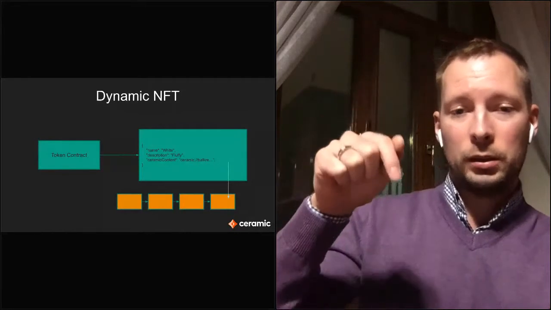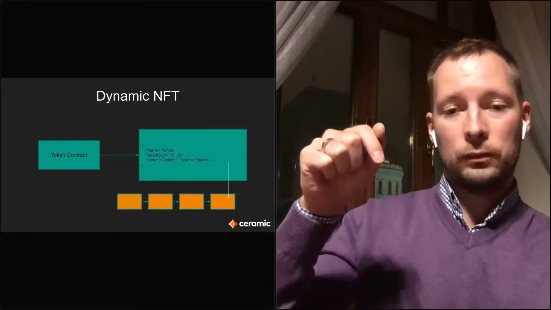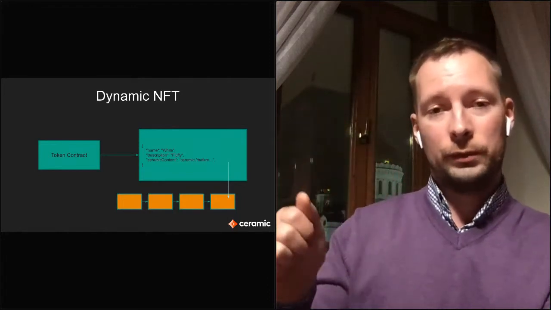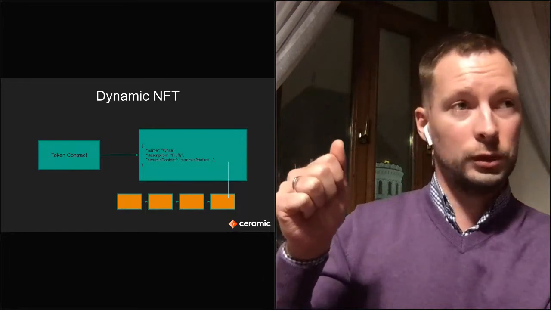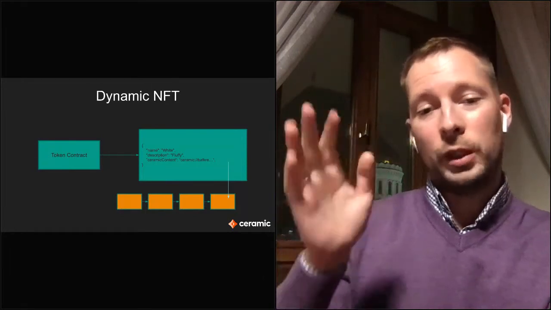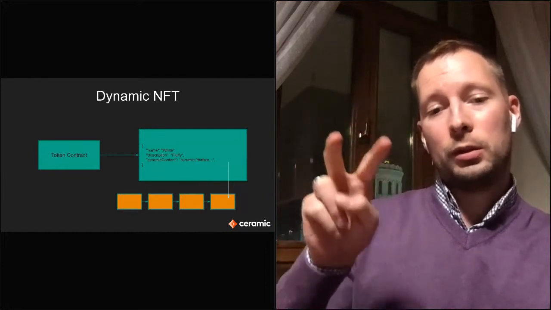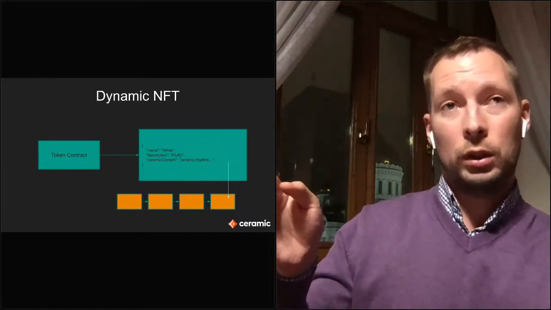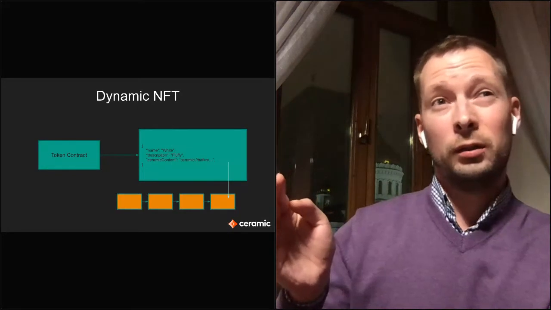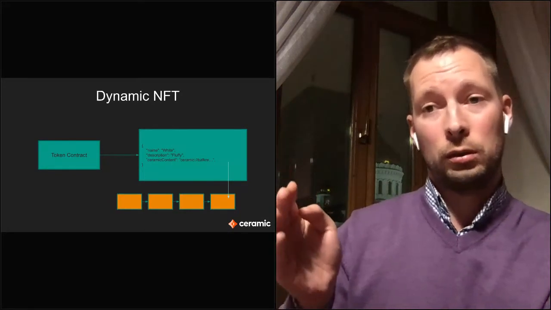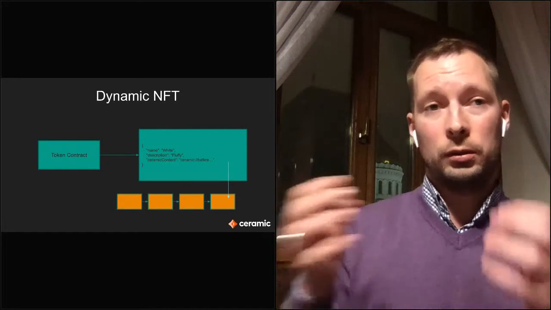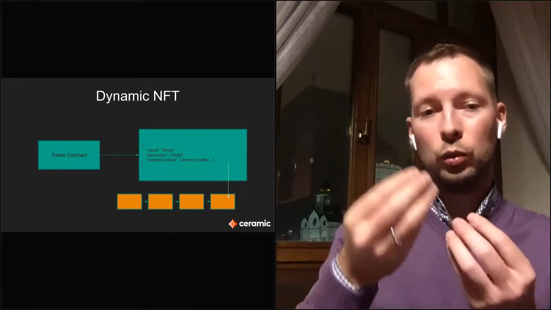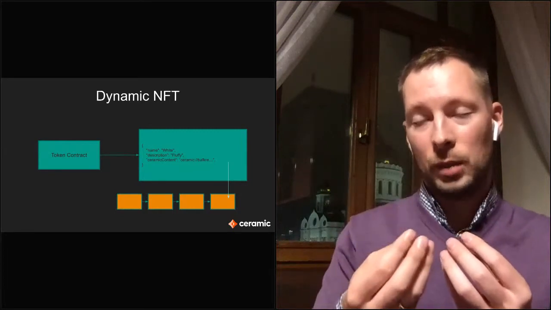So this metadata file is fully compliant with 721 and actually with 1155 standards. So it's kind of backwards compatible. But if you have a Ceramic content field, you go to the Ceramic stream, and right now there are no standards, and I really encourage you to share with the world what you're building, because together we can come up with the actual standards on metadata, what's inside a Ceramic stream.